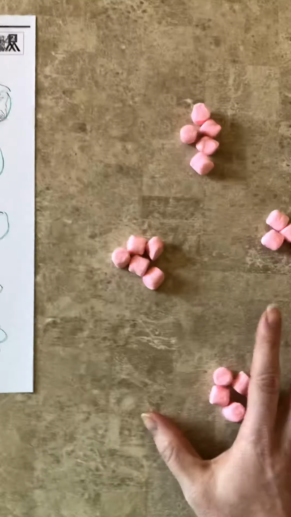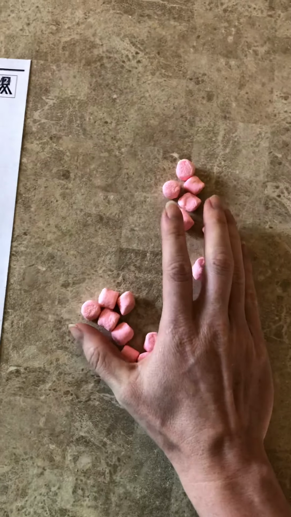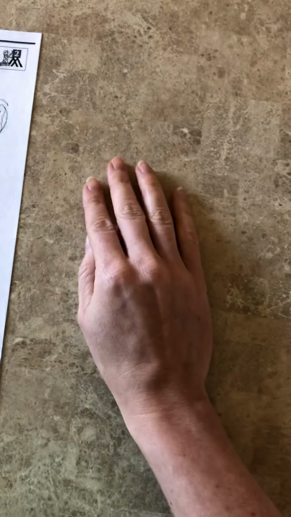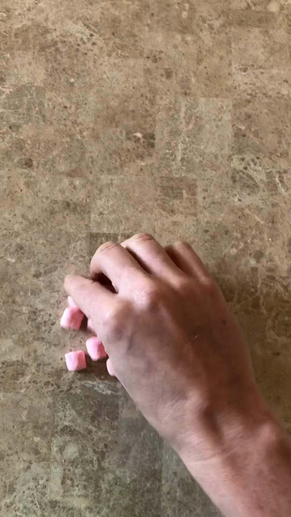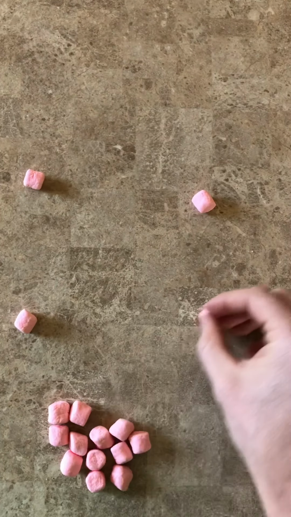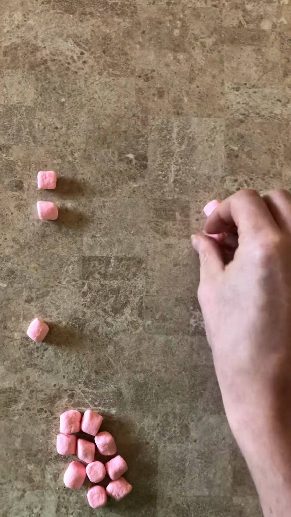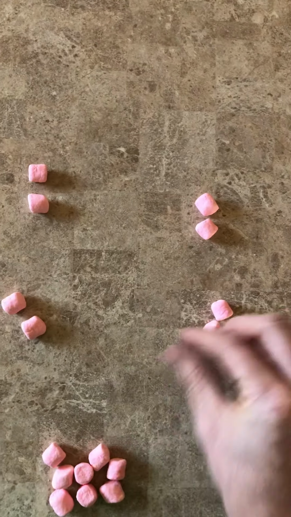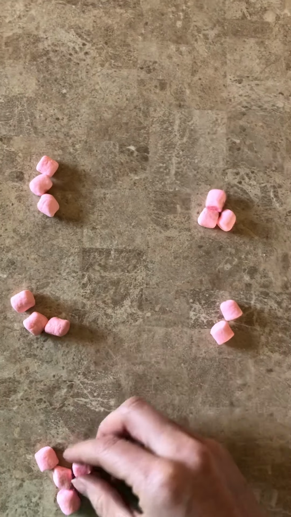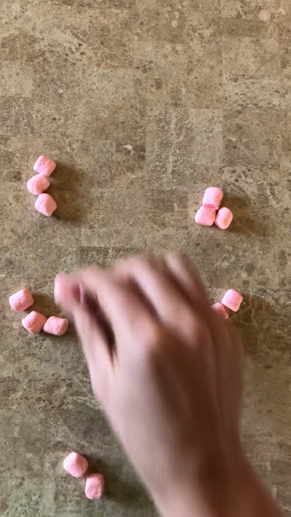Okay, so now I need 16, so I have 20. Let's get rid of those. So 16 divided by 4, I can think of it as 4 groups. And then just add until they run out. With this, I'm figuring out how many would be in each group.